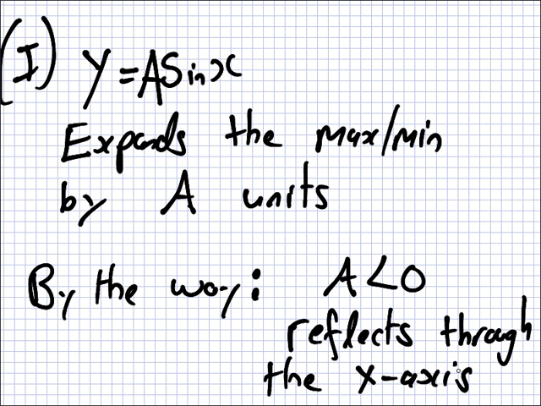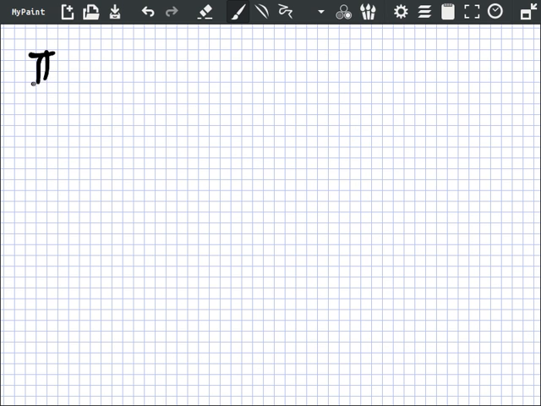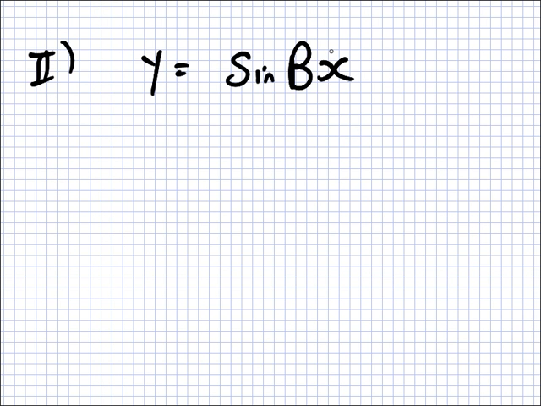Okay, we can go to the next transformation. You could probably imagine what transformation I'm going to have a look at next. We'll put a constant in front of the x. And again, we can imagine the constant as being more than 1, like 2 or 3 or whatever. Does anybody know what happens here?